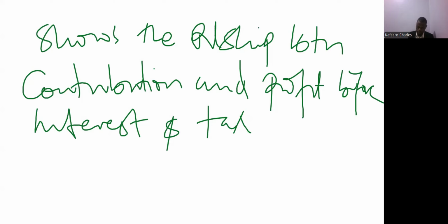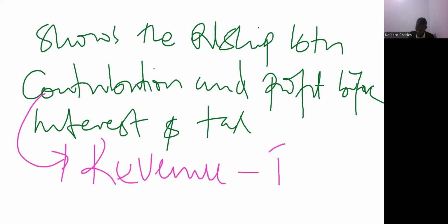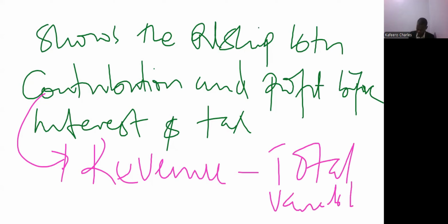We know that contribution equals revenue minus total variable costs. Total variable cost of sales, that's when we'll be able to get the total contribution.